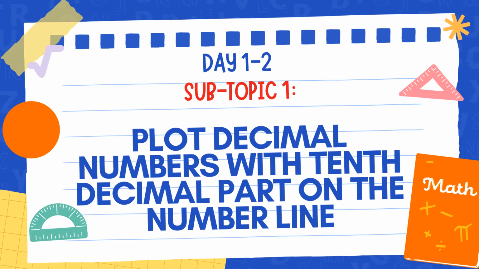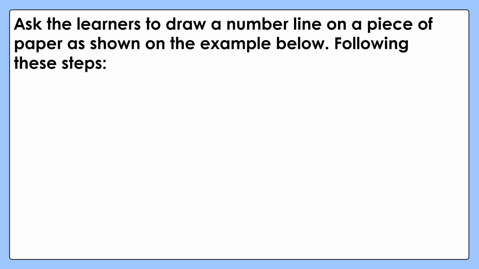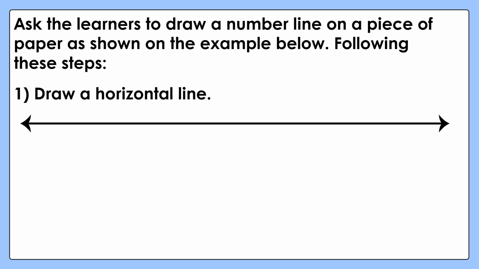Day 1 to 2, subtopic number 1, plot decimal numbers with 10th decimal part on the number line. Ask the learner to draw a number line on a piece of paper as shown on the example below, following these steps. Number 1, draw a horizontal line.